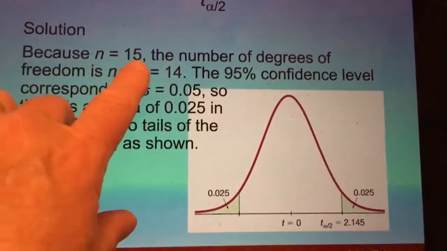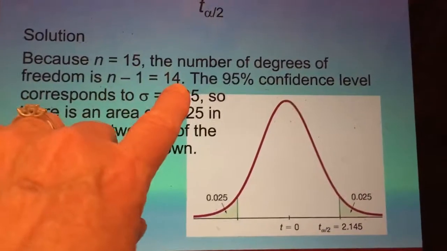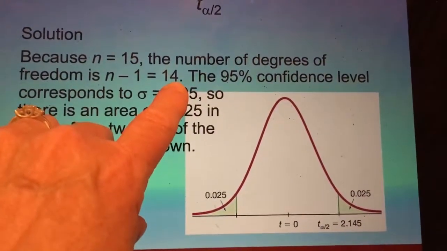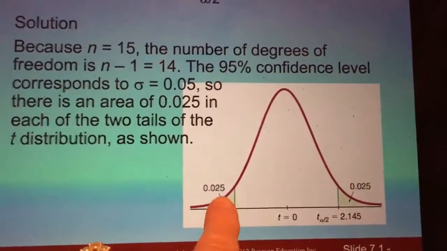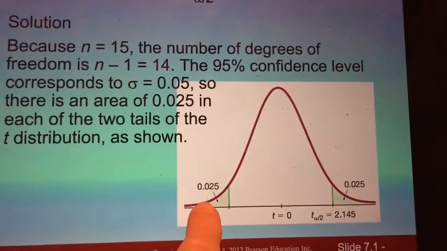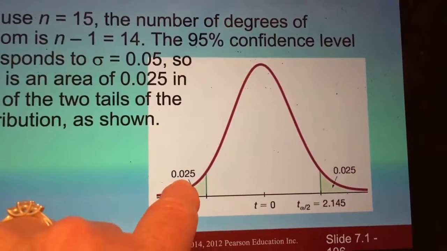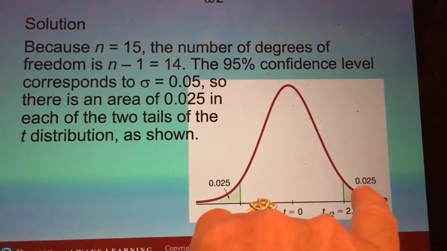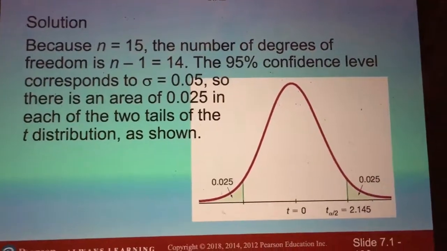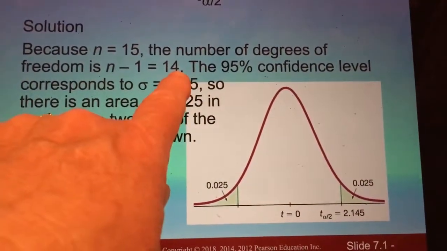Since our sample is 15, then our degrees of freedom is 14. We're talking about a 95%, which means that in the tails, we only have 5% together, which means we only have 0.025 here and 0.025 there, which means we're going to look down the same column we just looked down, but we're only going to go to 14.